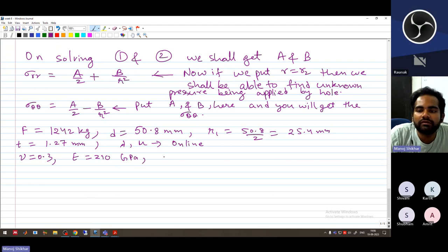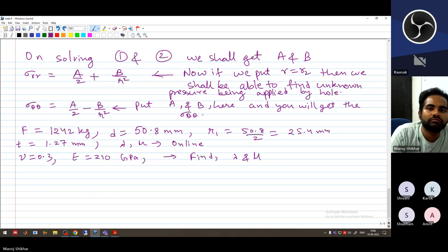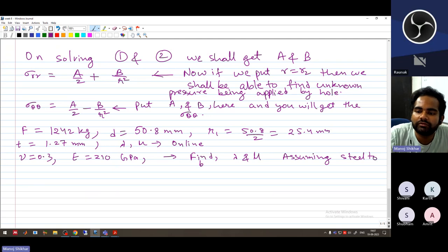So from here you can find lambda and mu, assuming steel to be isotropic.